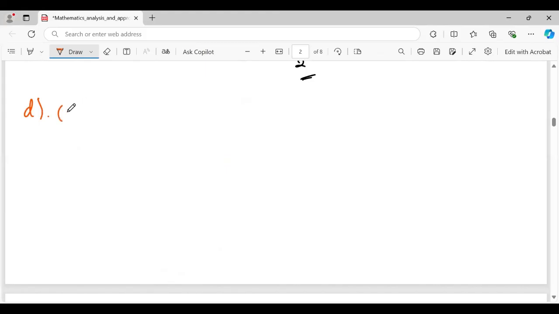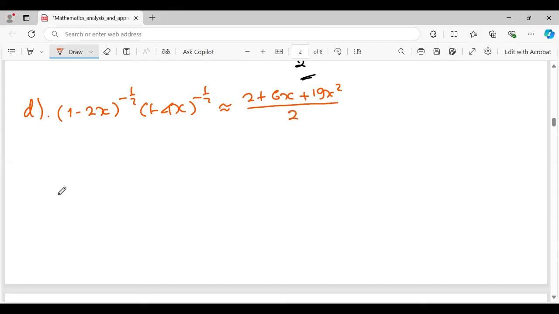According to the statement, 1 minus 2x power minus half times 1 minus 4x power minus half is the same as 2 plus 6x plus 19x squared over 2.